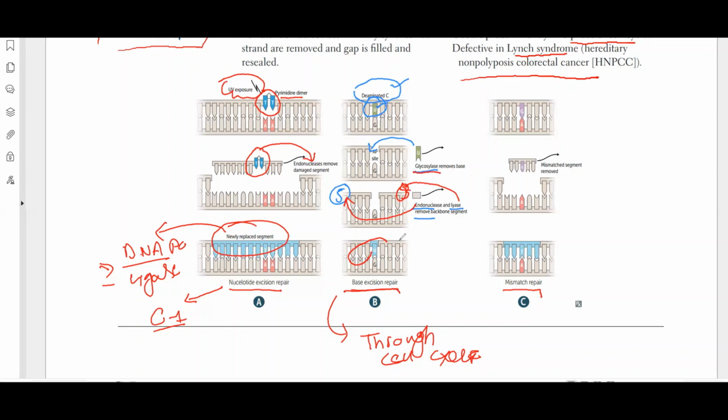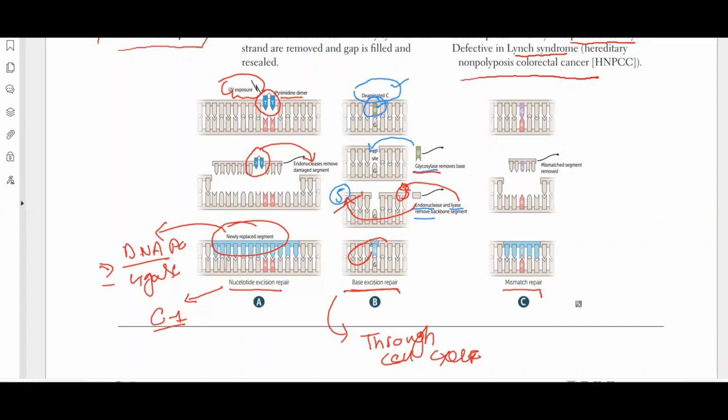Again, this is high yield stuff: deamination of cytosine leads to the conversion of cytosine into uracil. The glycosylase enzyme recognizes this deaminated nitrogen base and removes it, and an AP site appears. The AP site and the surrounding nucleotides are removed, the 5' end by AP endonuclease and the 3' end by the lyase.